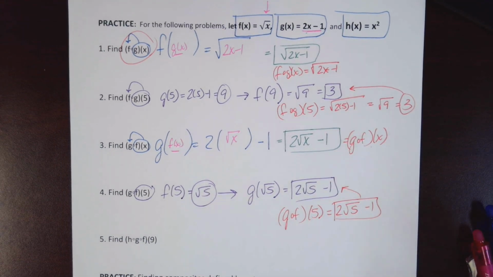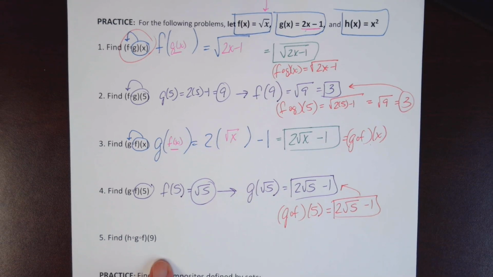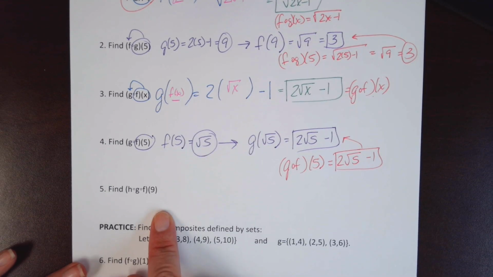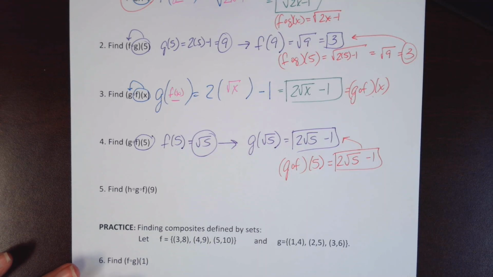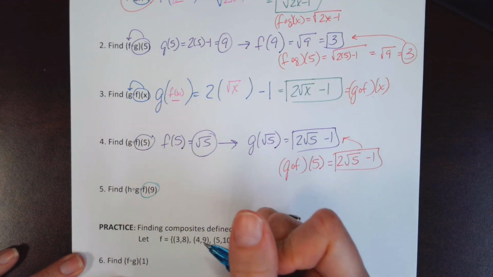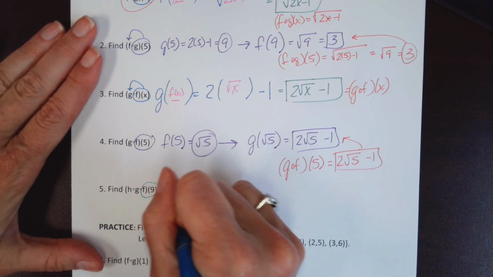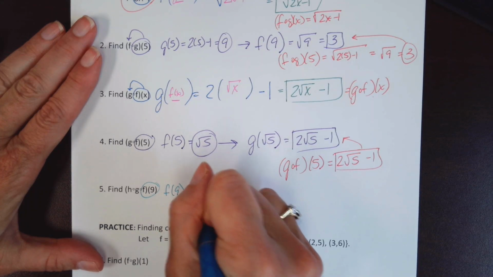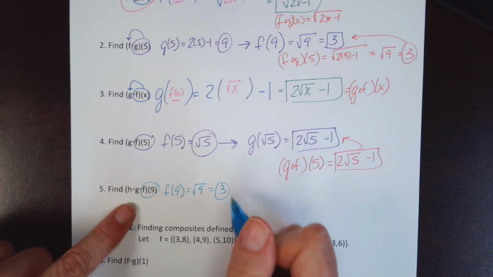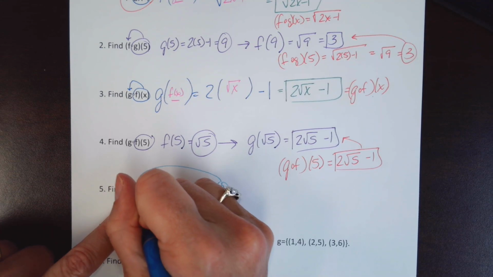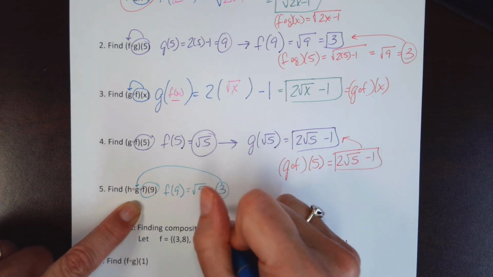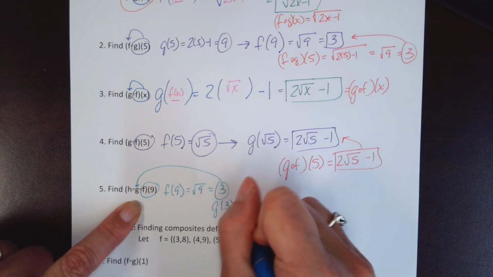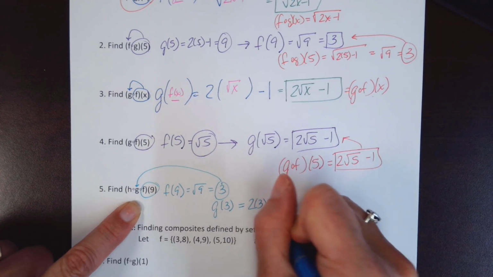All right, let's do all 3 of them in composition. Order matters. We start at the end. We're going to start with f of 9. F of 9 would be square root 9, which is 3. I'm going to take that and I'm going to plug it into g. So I've got g of 3, 2 times 3 minus 1.